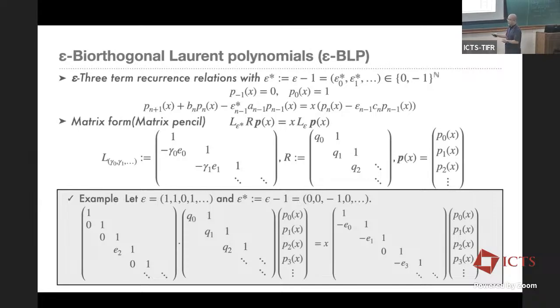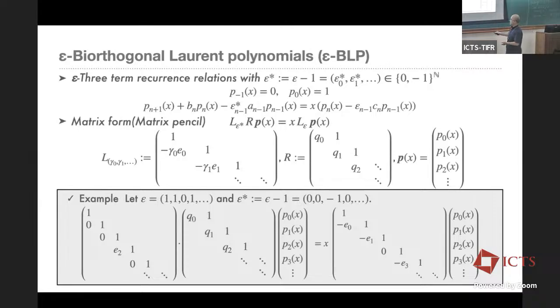Correspondingly, we can introduce a matrix form as in this form. Here there are subscripts gamma 0, gamma 1, which appear as subdiagonal elements.